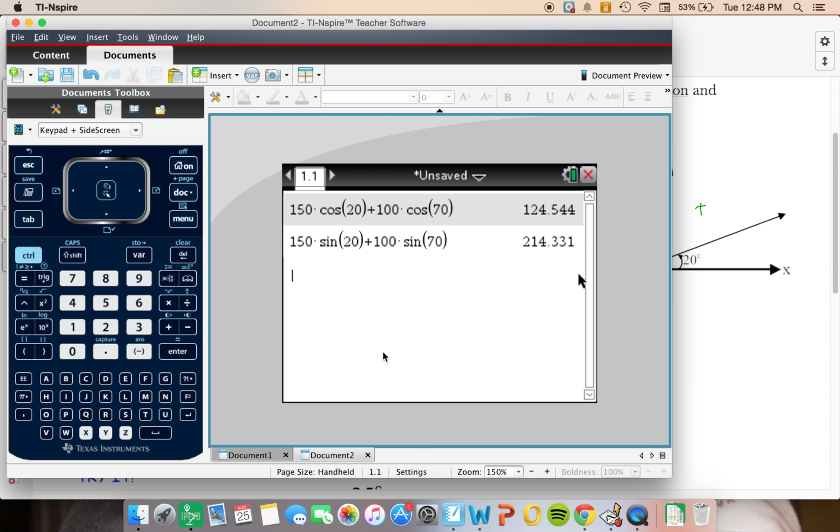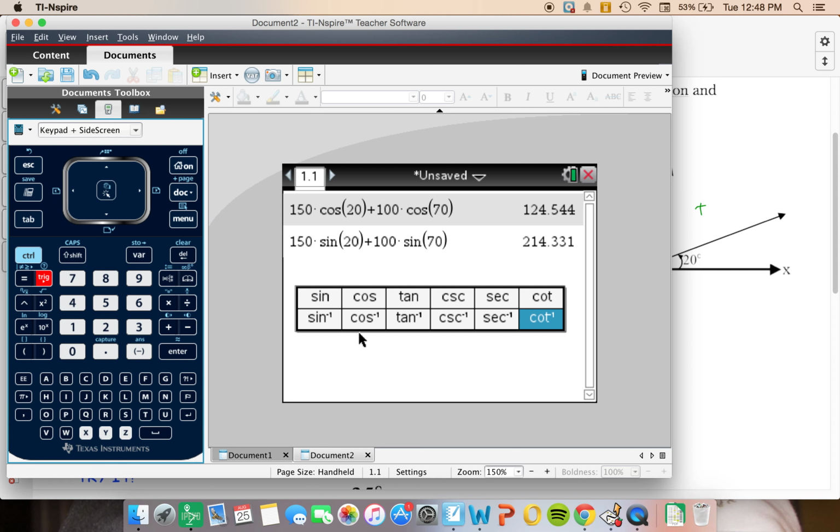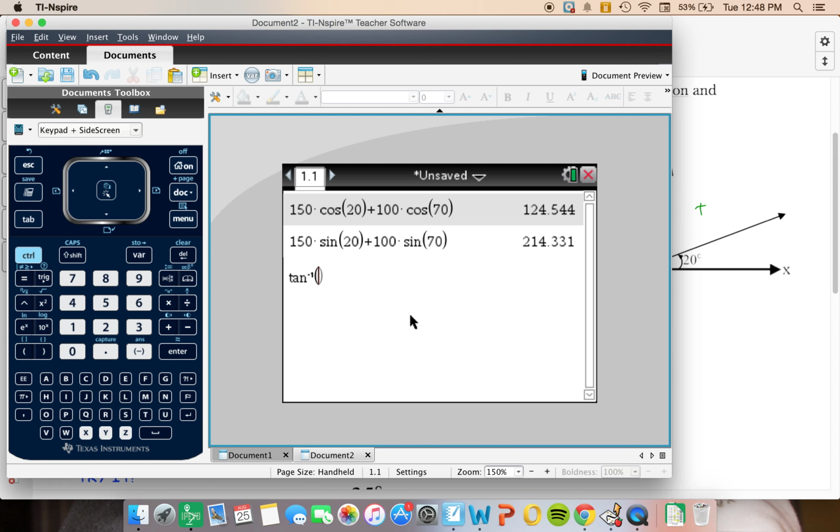So tangent inverse, and here's what's nice. You can actually grab the exact values from up here. So you can do tangent inverse of the y value divided by the x value. You can be even more exact if you want to and go ahead and grab the actual equation that you started with. Just make sure you're using correct parentheses then.